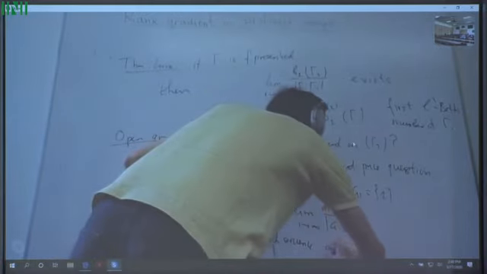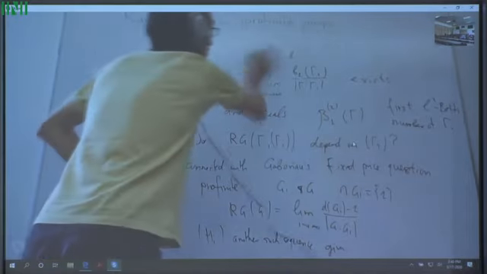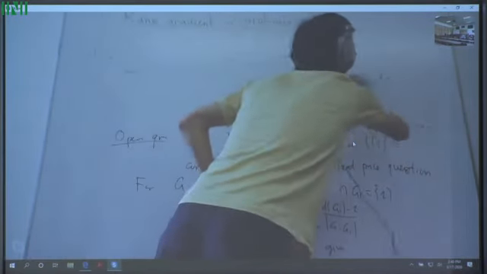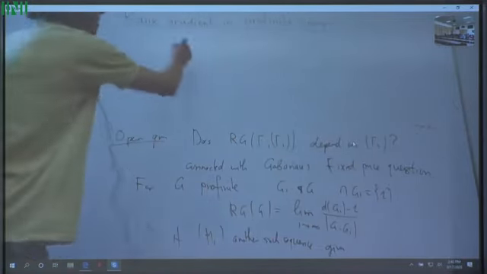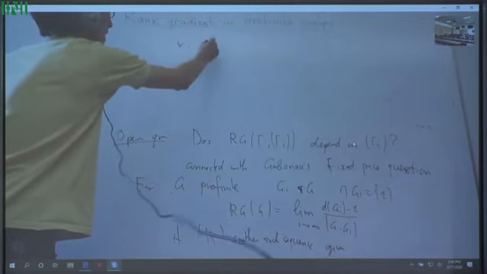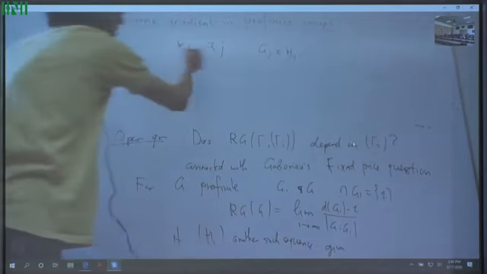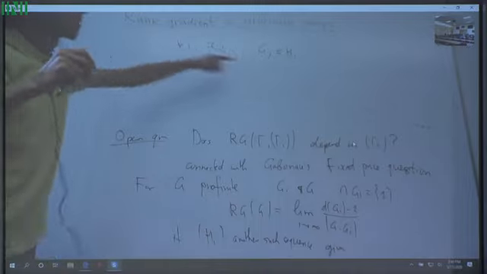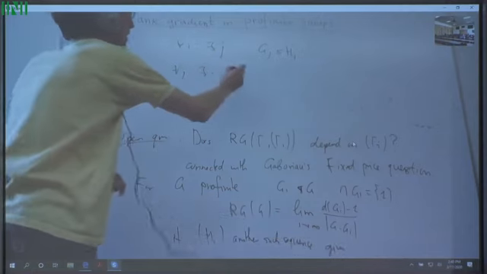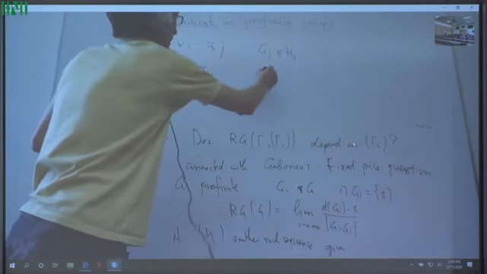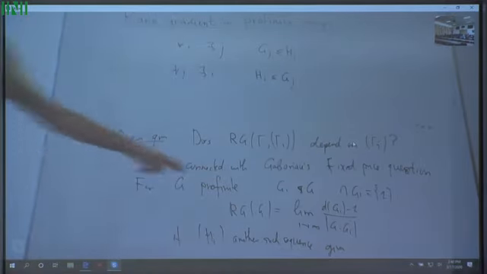What I mean by this is that if H_i is another sequence, then for all i there exists a j such that G_j is contained in H_i, and conversely, for each j there exists i such that H_i is contained in G_j, and therefore the two sequences will have the same limit.